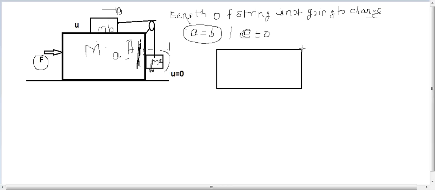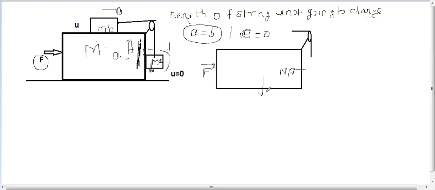So here this tension is T. This force is F. And here this is a normal reaction, N1.